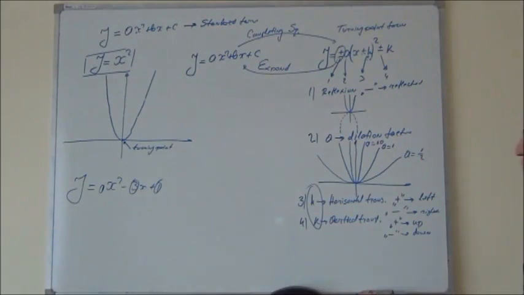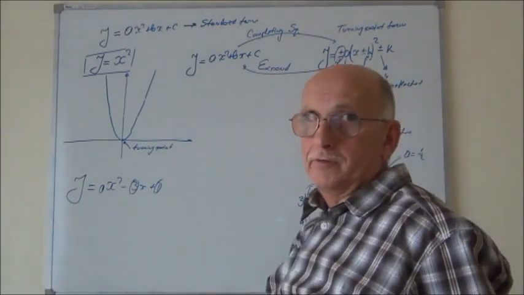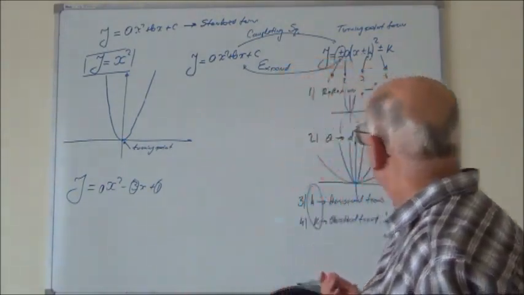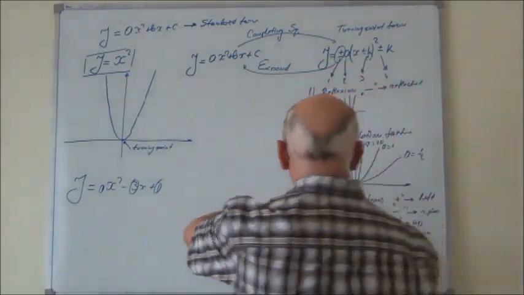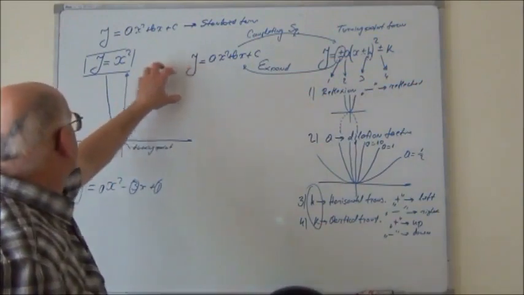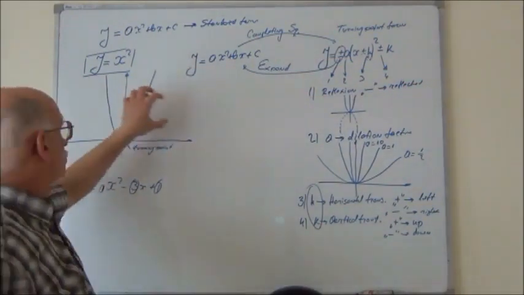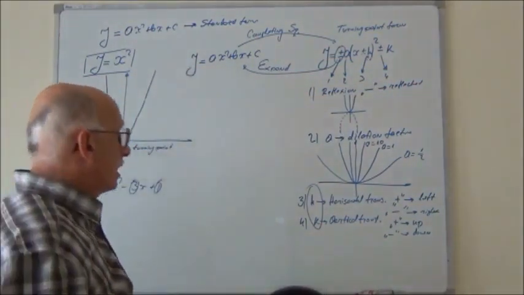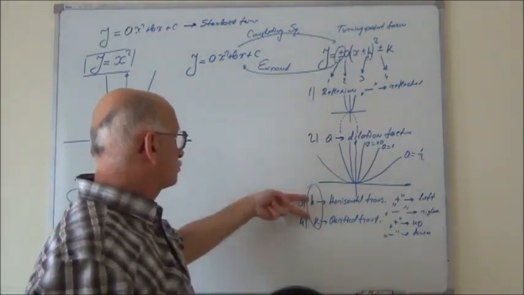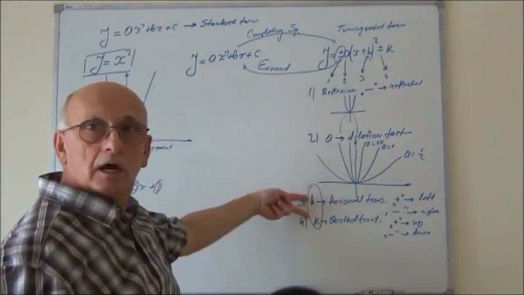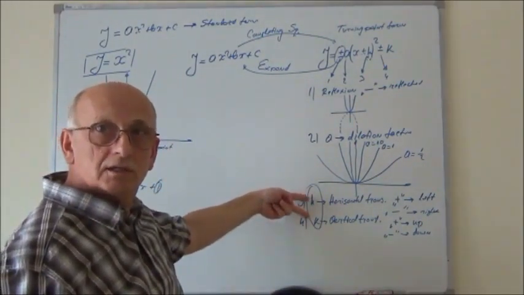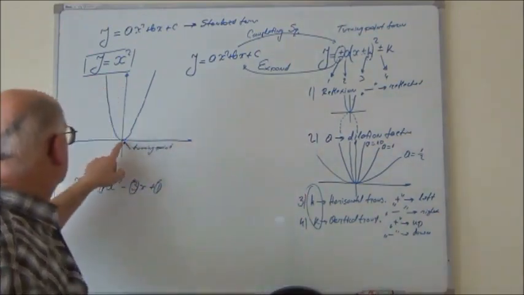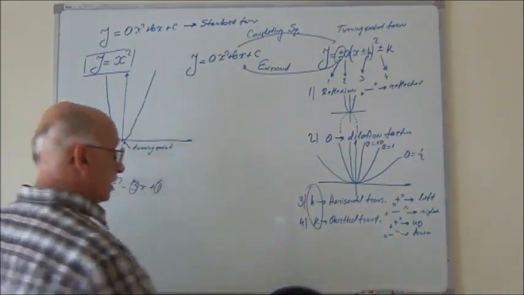Those two, horizontal translation and vertical translation, are very important, because as we move this graph somewhere else, horizontally or vertically, those two numbers are actually the coordinates of the turning point.